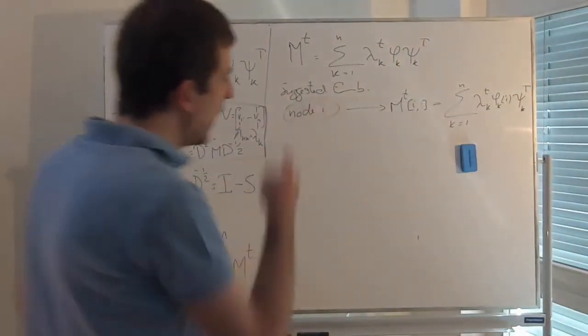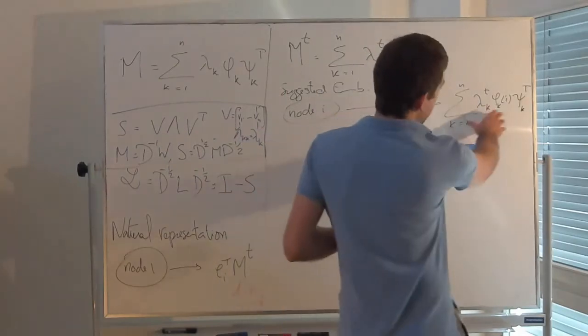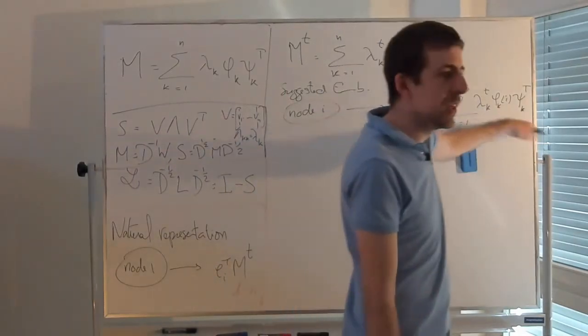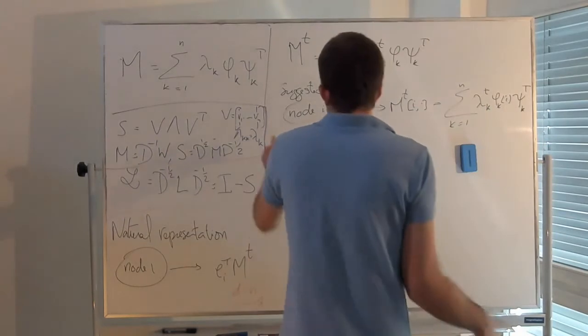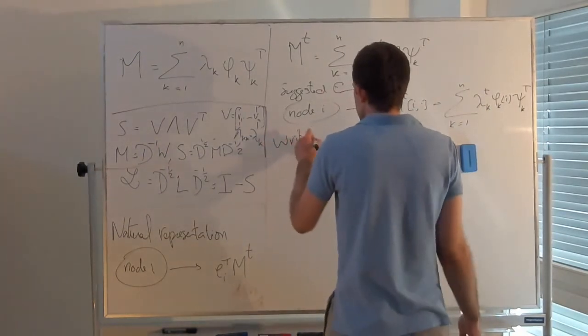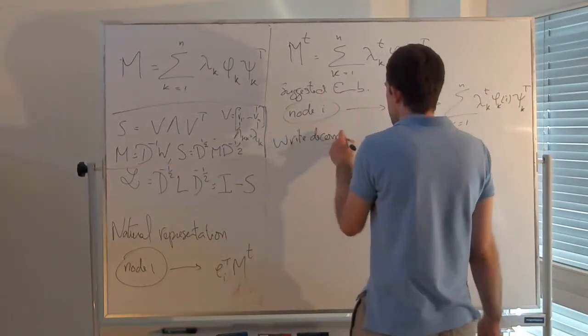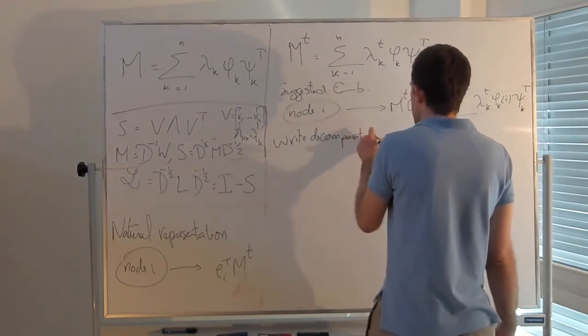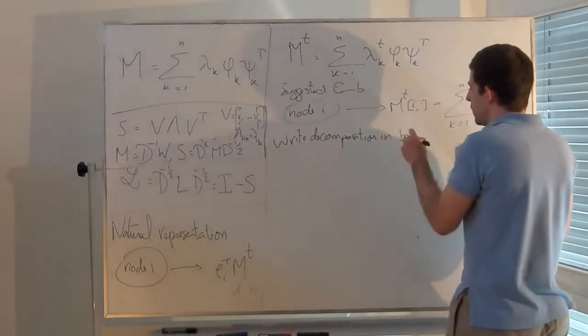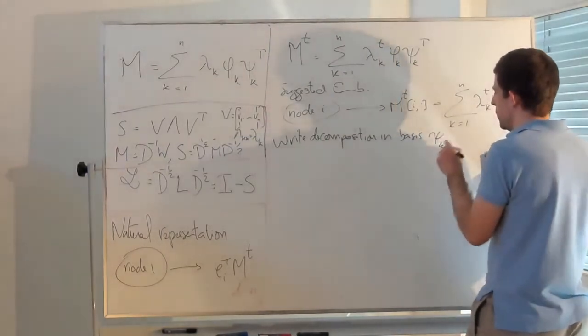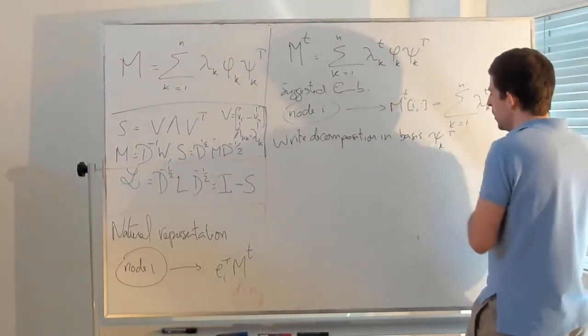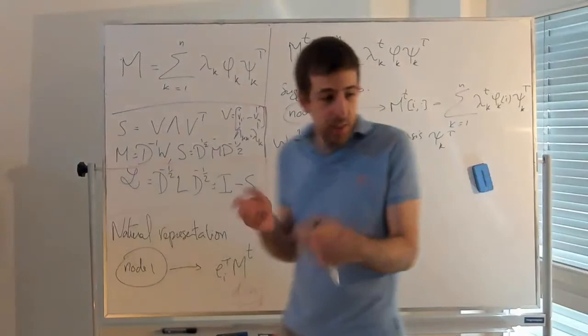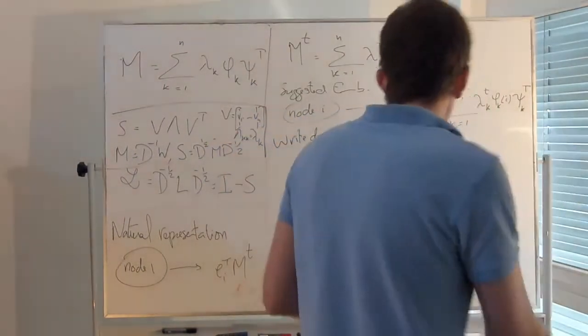Now, of course, this decomposition is very naturally written in the psi k basis. We can think of it as writing it in this basis, and in this basis the coordinates are the following.